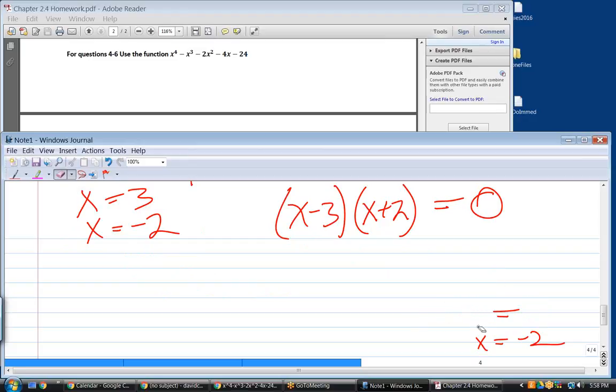Now, in order to figure out what the irreducible quadratic is, we need to divide this thing. Let's do it synthetically, real quick. What's the first step here? Let me put the coefficients across the top. We have a 1, a minus 1, a minus 2, a minus 4, and a minus 24.